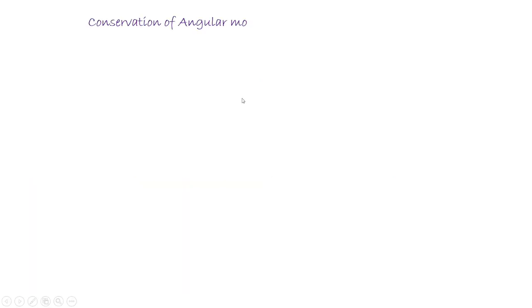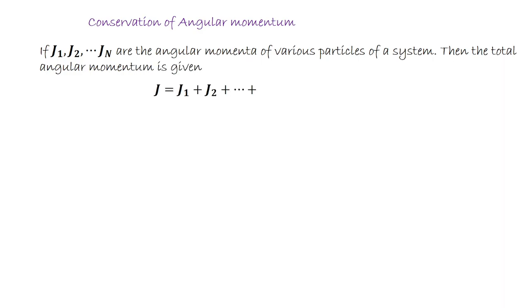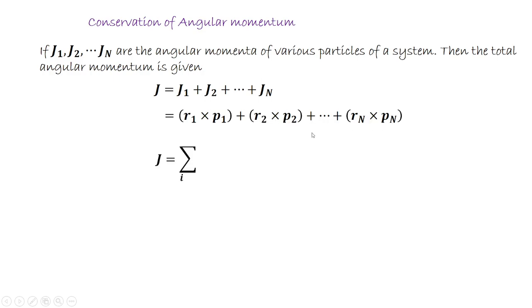Next, conservation of angular momentum. If J1, J2, and so on up to Jn are the angular momenta of the various particles of the system, then the total angular momentum is given by J equal to J1 plus J2 and so on up to Jn. So Ji equal to ri cross pi, right? Then we can extend this, r cross p up to n terms.